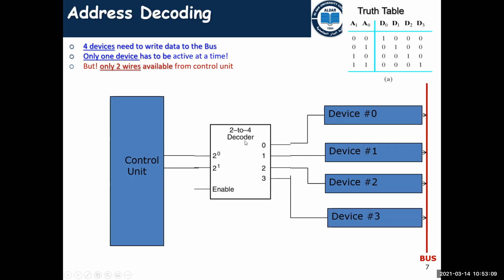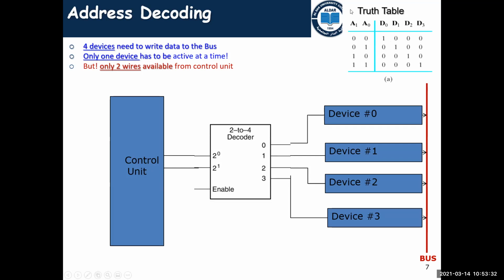This circuit is a decoder. And this decoder is a 2 to 4 decoder. The simple truth table is like that. If we have A1, A0: 00, 01, 10, 11, and in each selection of these, we have only one D enabled at a time.